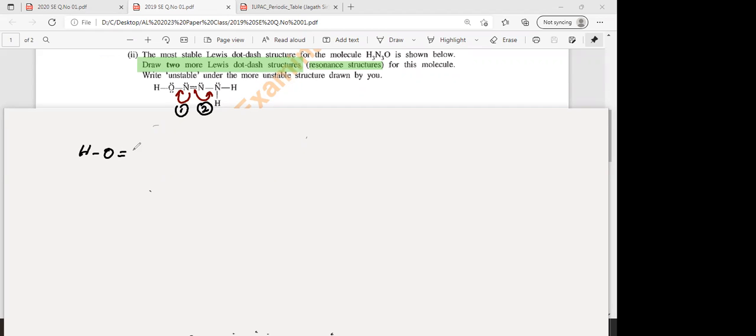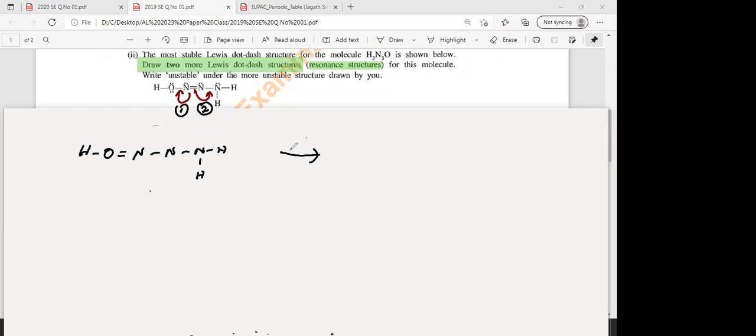So I'll draw the first one, H O. Now I'm putting the double bond here. Nitrogen. Why actually convert this to a double bond? Because to make it octet. Then you get N. Then NH2. There are 3 nitrogen atoms, NH2. That is one.